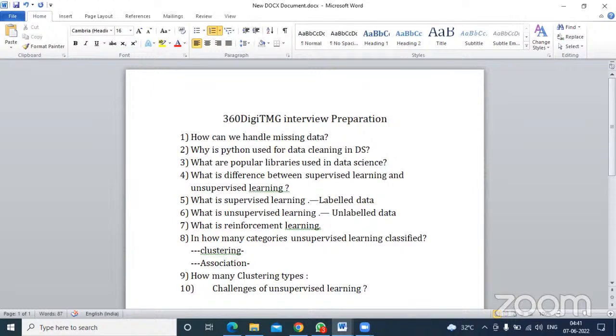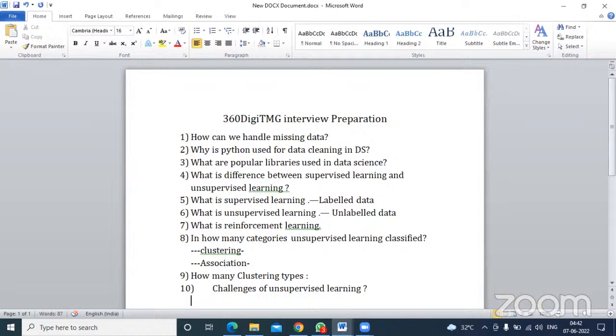We got an idea about what unsupervised learning is. Yes, friends, what are the challenges we face in unsupervised learning?